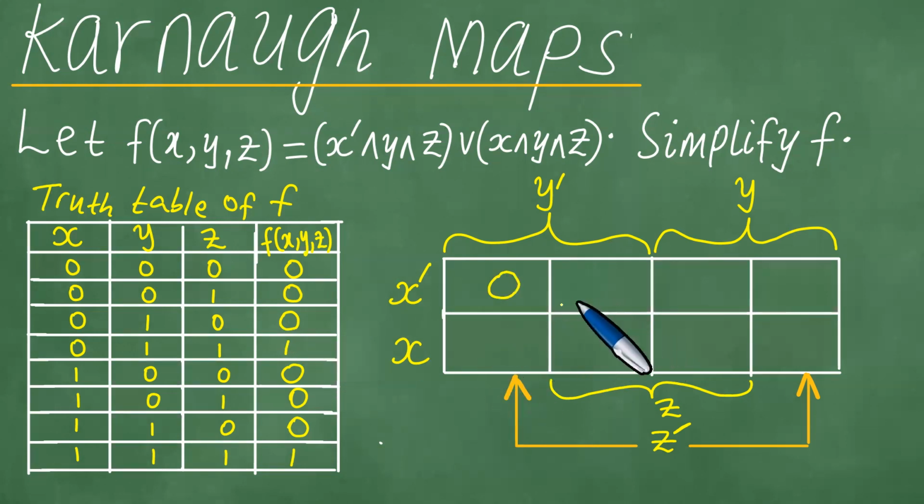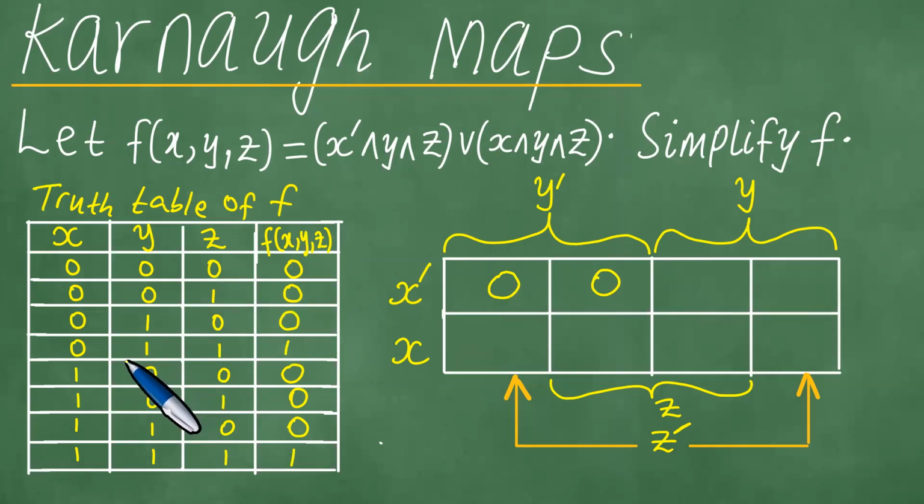Next, this block corresponds to this row of not X, not Y, and Z, so it's 0, 0, 1, and the result is a big 0.